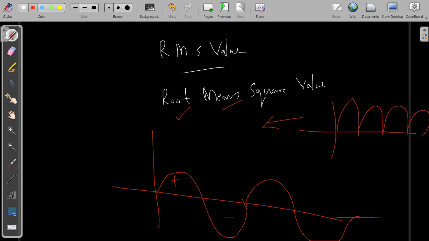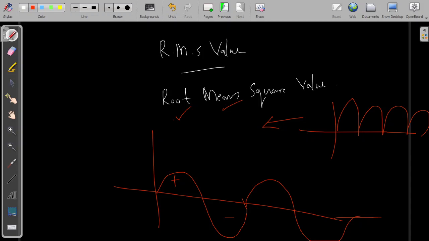Since we have only positive areas, there will be some definite value, and we take the square root of it. So you cannot say that the root mean square value of an alternating current waveform is 0, even though its average value is 0.